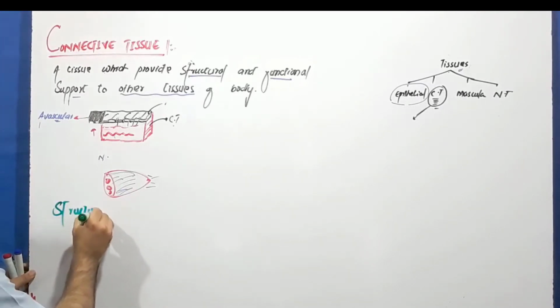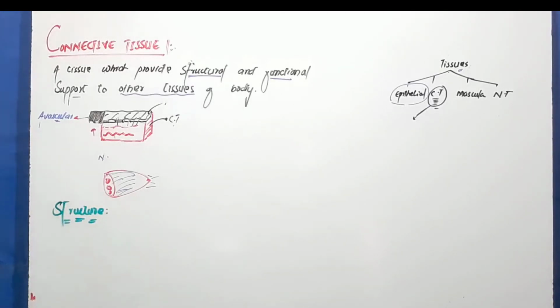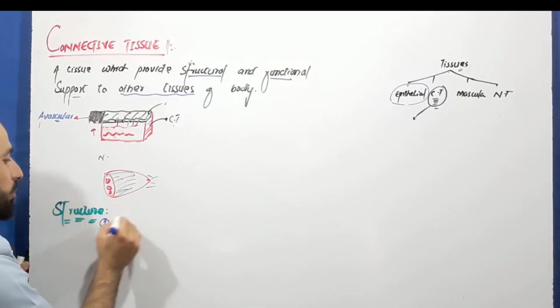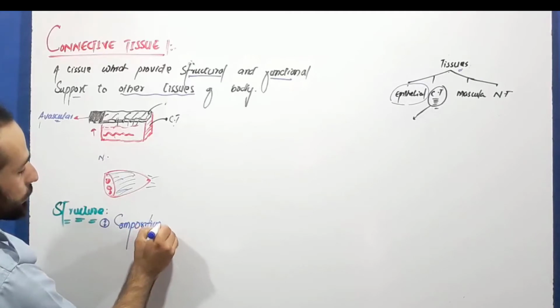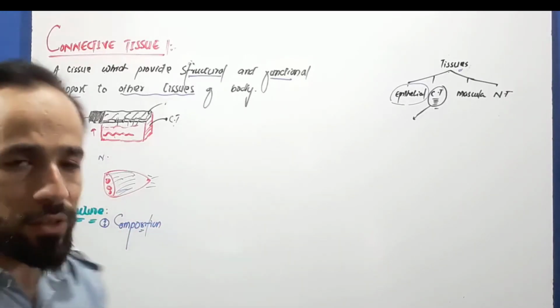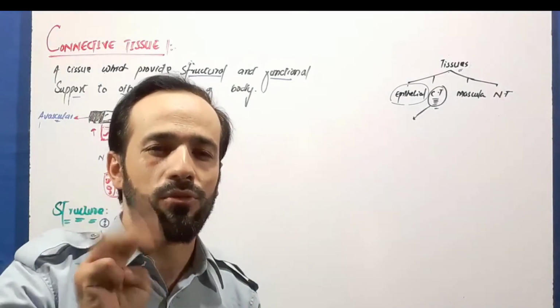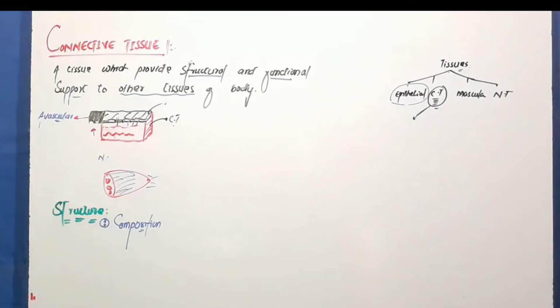Now the next important thing is, what is its structure? First of all we should clear our mind about the composition of connective tissue. So here I'm writing about composition, as we are just introducing this tissue. Everywhere there is connective tissue, it is composed of three important things. And what are those things?